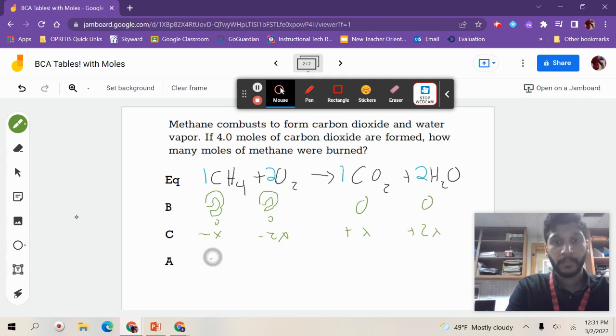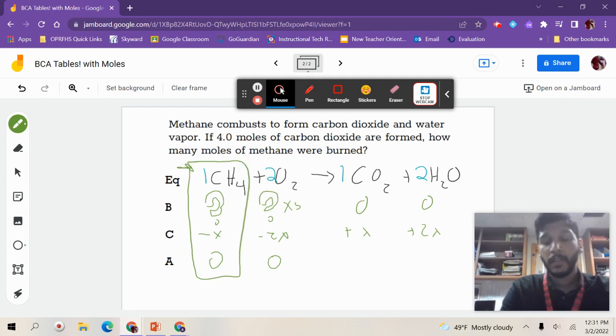After methane gets used up, we're going to be at 0. For oxygen, we can assume there's going to be 0, but oxygen's in the air, so this is what's called an excess reagent. I'm going to put XS. We're going to have a bunch of oxygen, but that's not what we're looking at anyway. We're looking at methane.